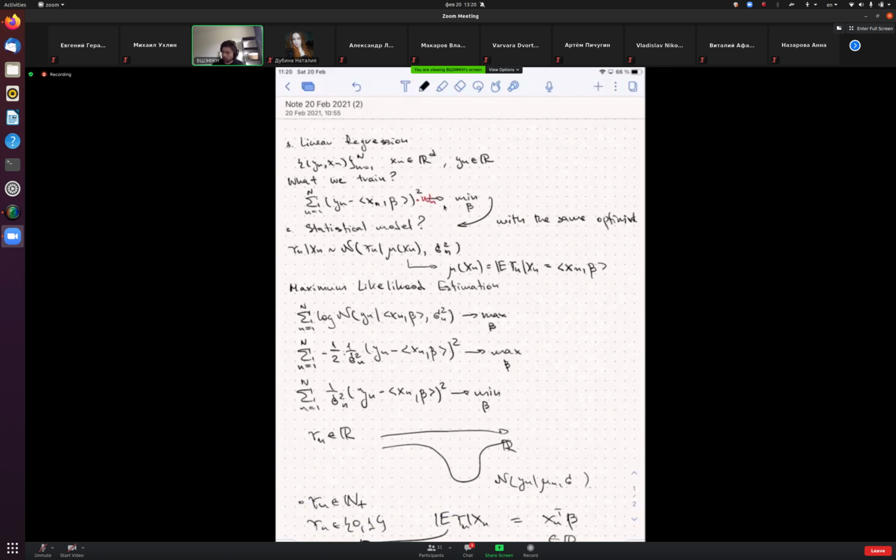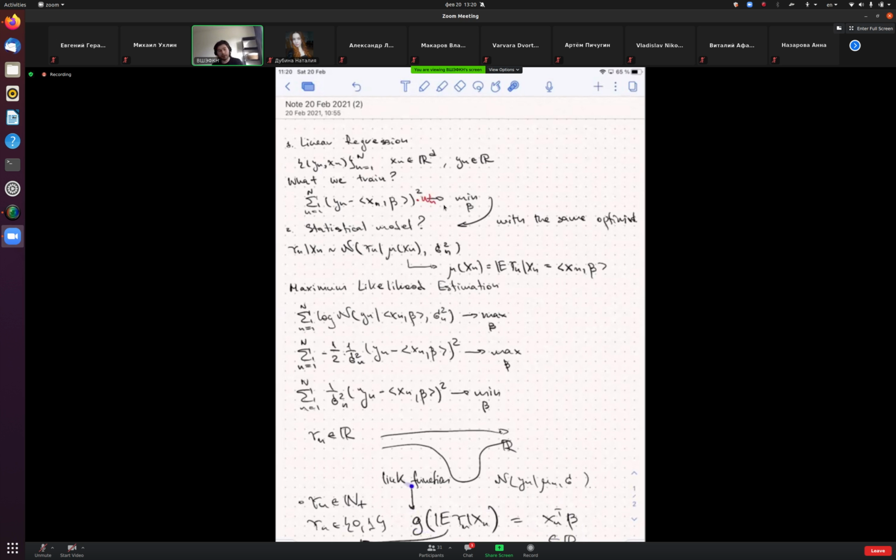So then we need to make this step. We need to find something called a link function, and then the linear regression matches this value. The only problem that we need to solve is we need to find the way.